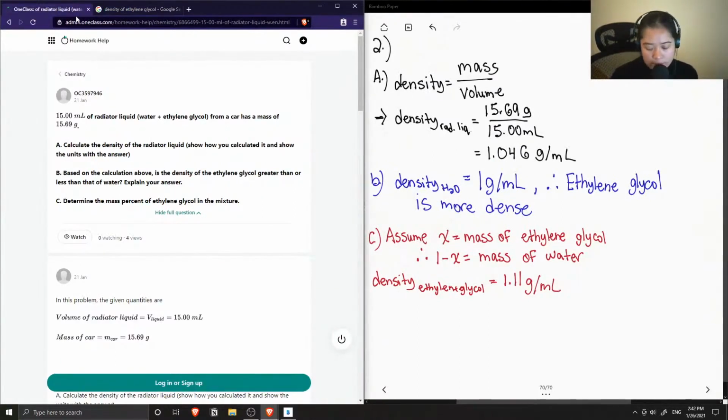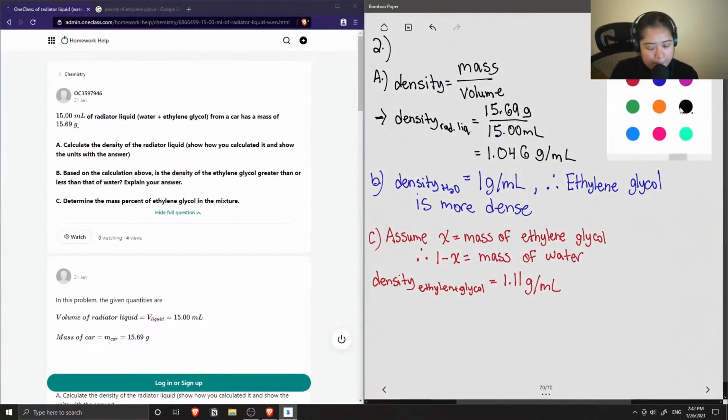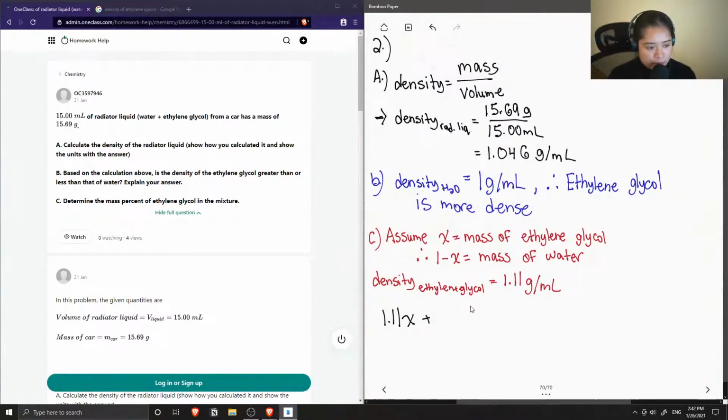So now let's make an expression to find out the mass percent of ethylene glycol. So we know the density of ethylene glycol is 1.11, and the mass percent of ethylene glycol is X. And we know the density of water is just 1.